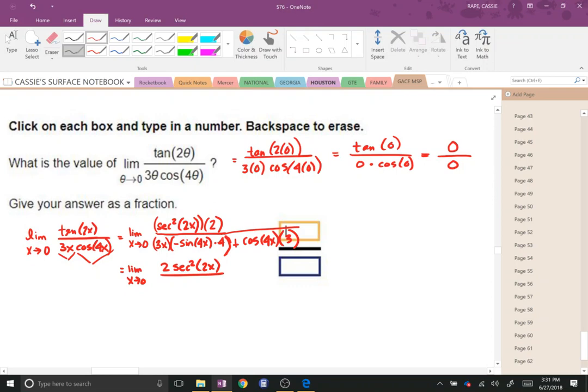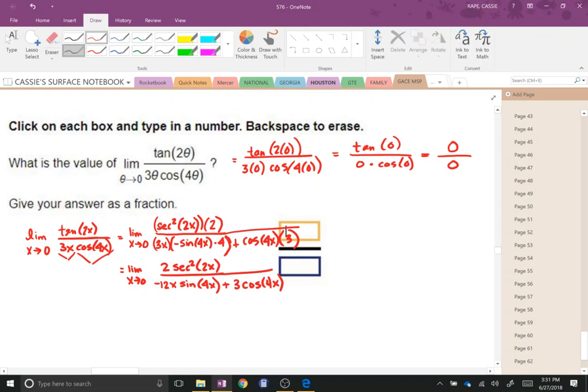I've got a 3x, a negative, and a 4, so that's going to be a grand total of negative 12x times the sine of 4x. Plus, again, I'm going to pull that constant 3 in front because I like it sitting there better. 3 times the cosine of 4x.